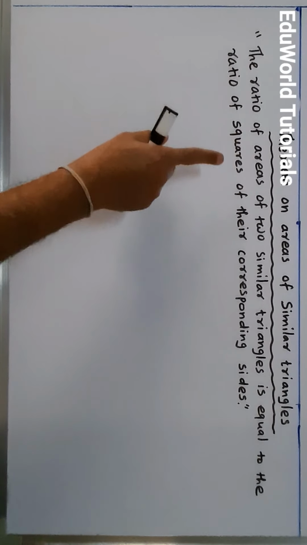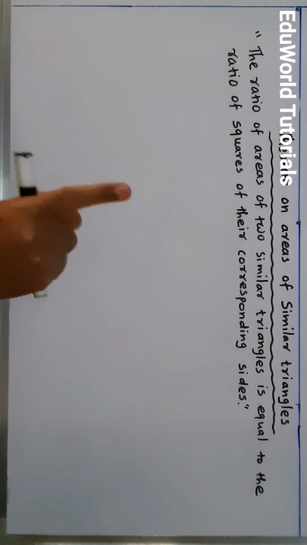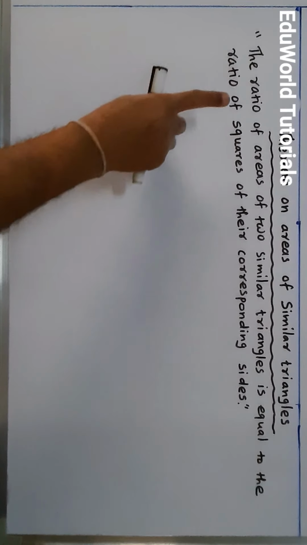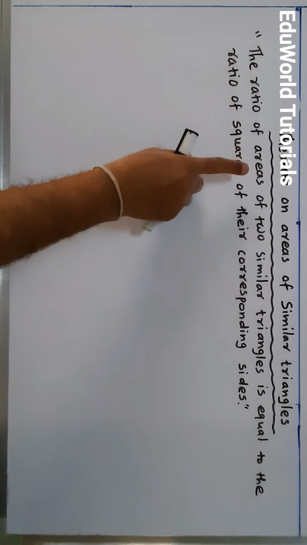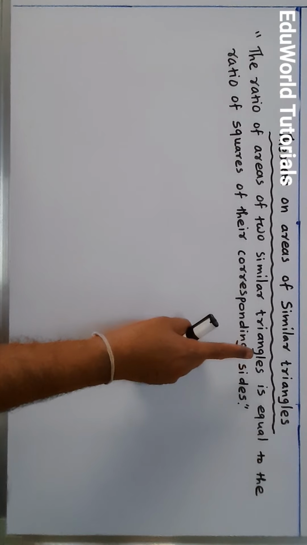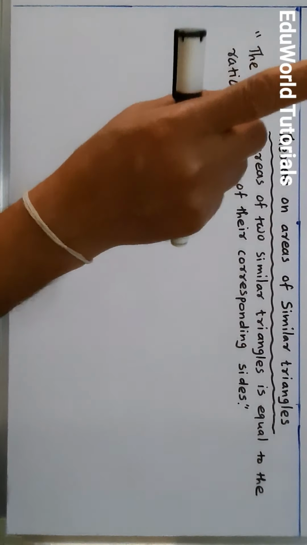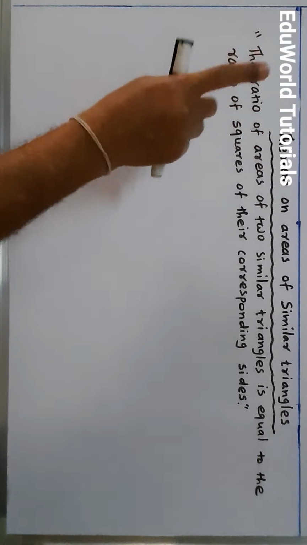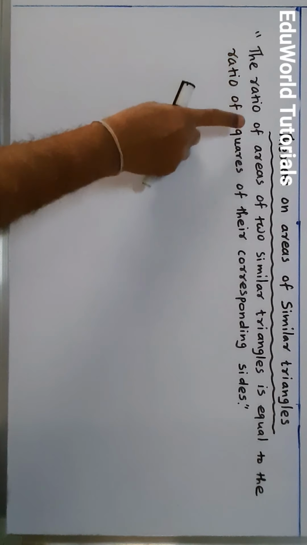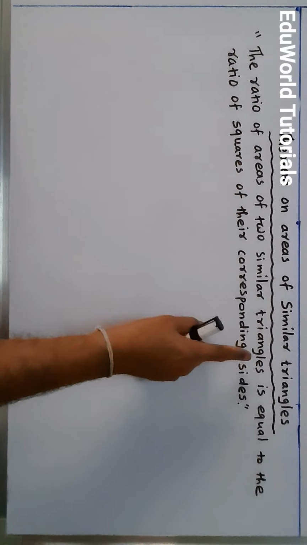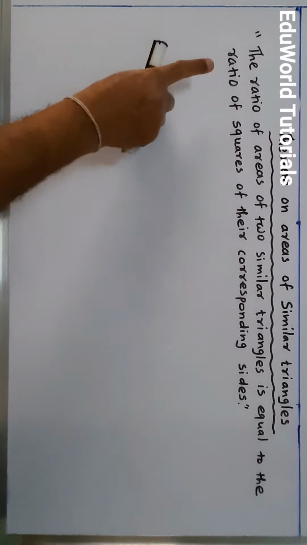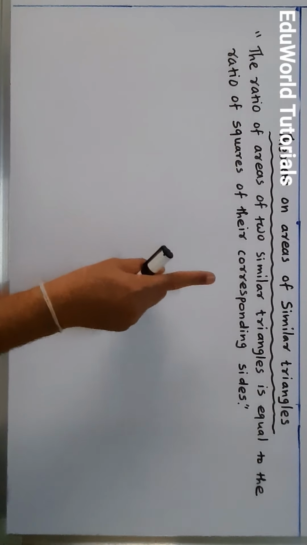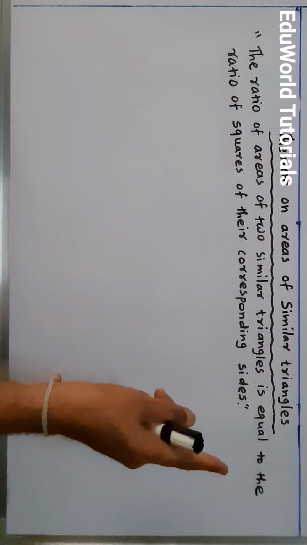We had studied a similar property in the beginning of the chapter. In the first lecture, we studied that the ratio of areas of two triangles is equal to the ratio of products of their corresponding bases and heights.